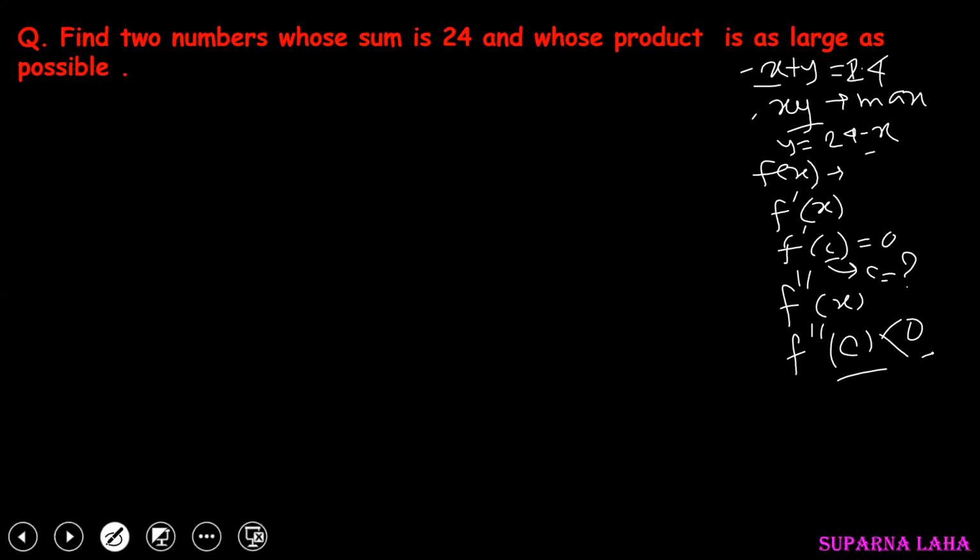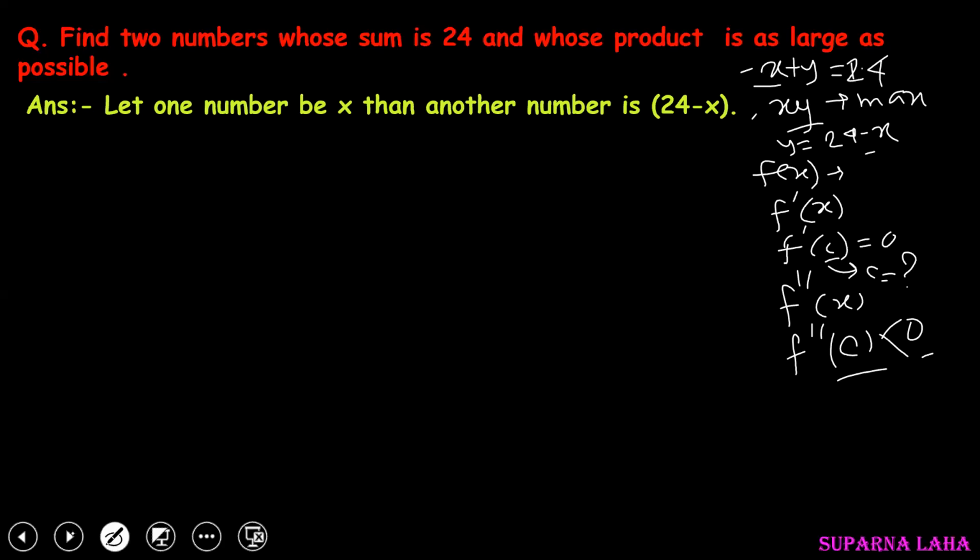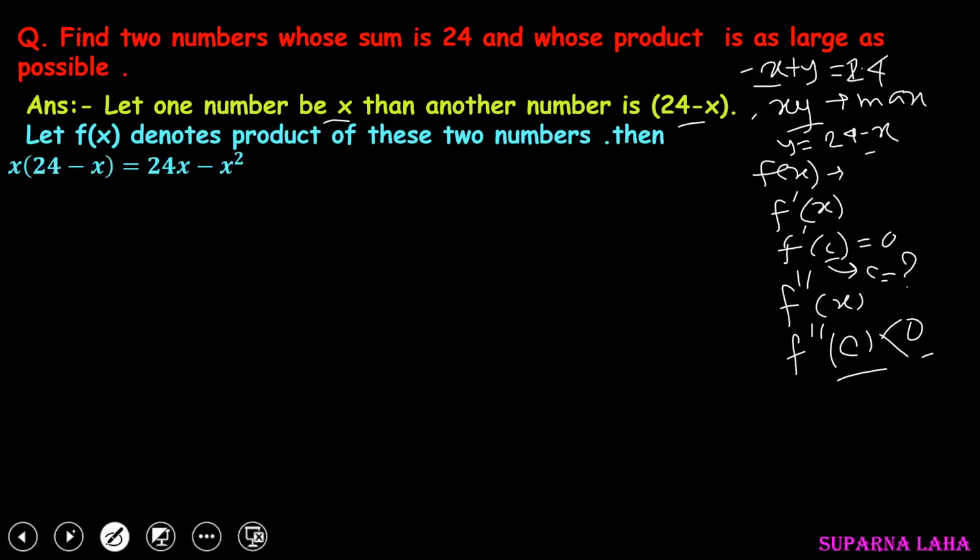So solve it step by step. First, find the value of y. Here I'm taking the function, one number is x, so the other number is 24 minus x. So the function is given by f(x) equal to x into (24 minus x), x into y, put the value of y here, and this is the equation 24x minus x².